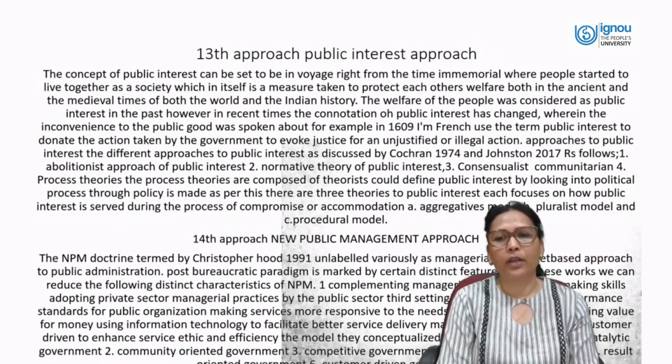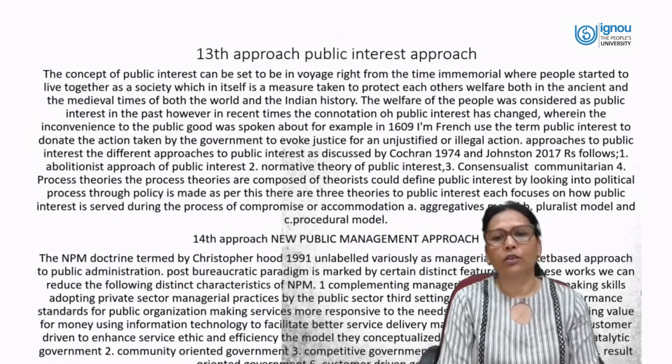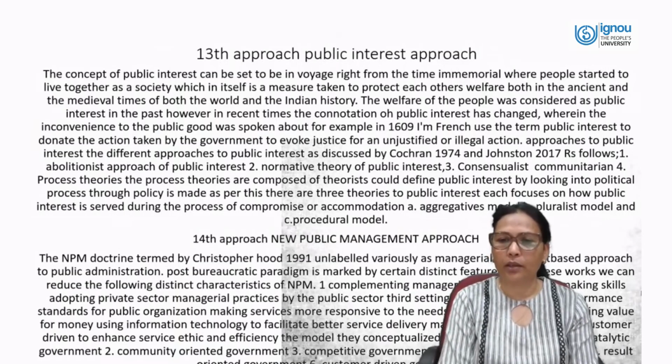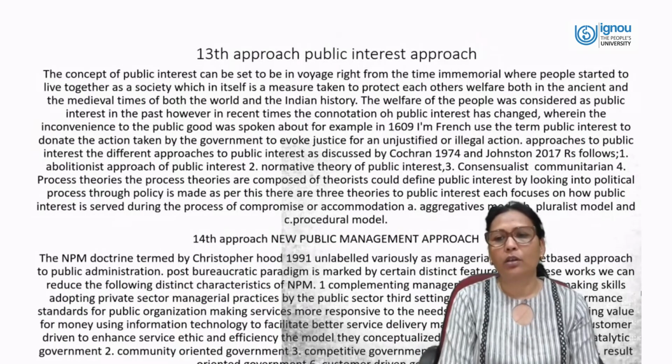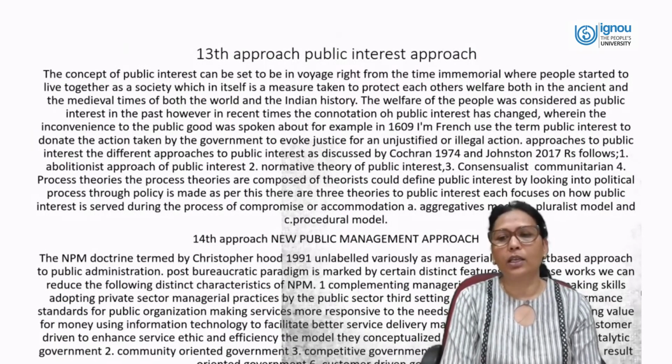The welfare of the people was considered public interest in the past. However, in recent times, the notion of public interest has changed, wherein the inconvenience to the public good was spoken about. For example, in 1609, the French used the term public interest to denote the action taken by the government to evoke justice for an unjustified or illegal action.